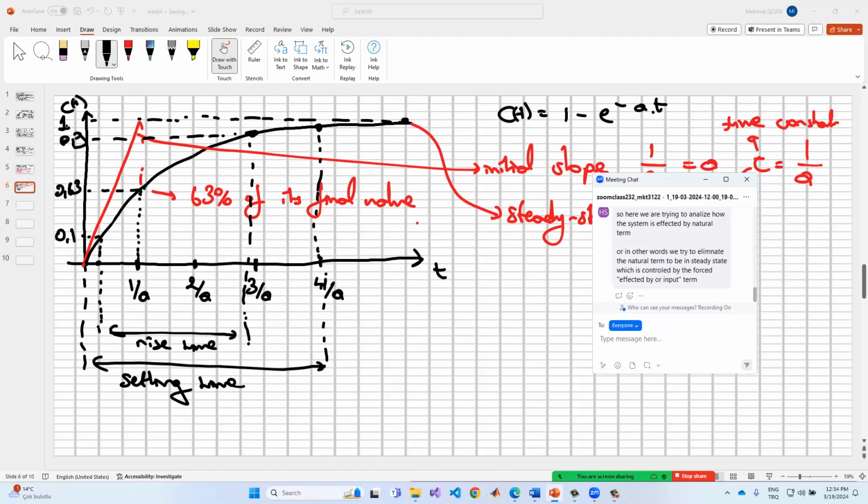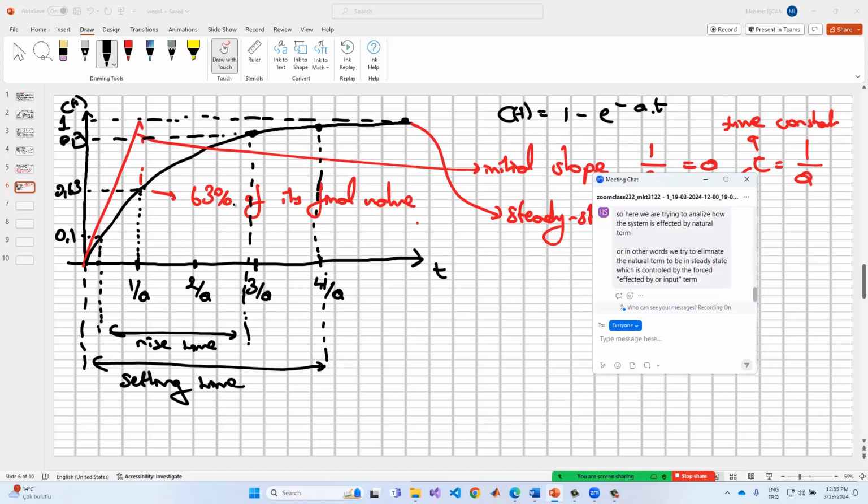We can scale it to 2. But this ratio, 0.63 or 63%, is always kept constant in every system, which is called the tau, or time constant of this system.